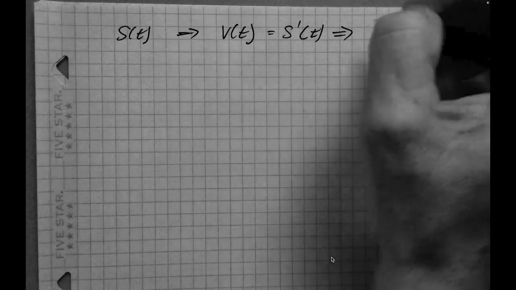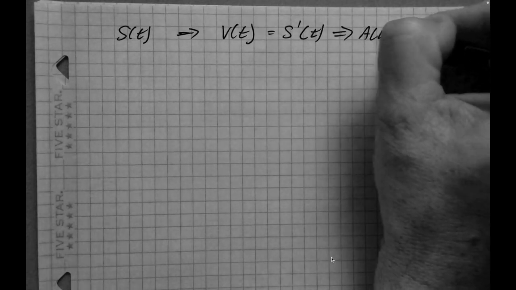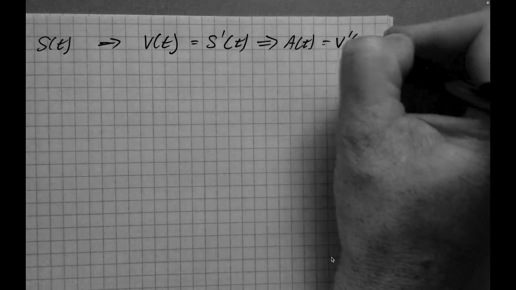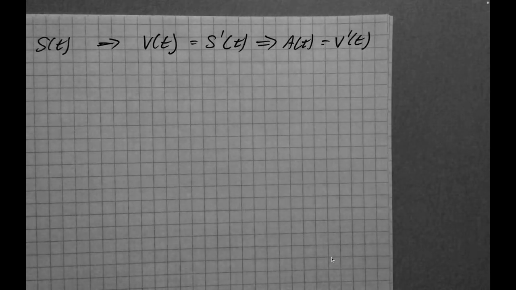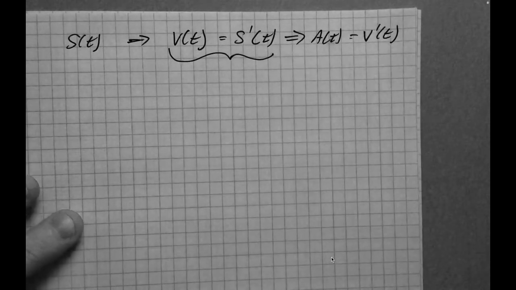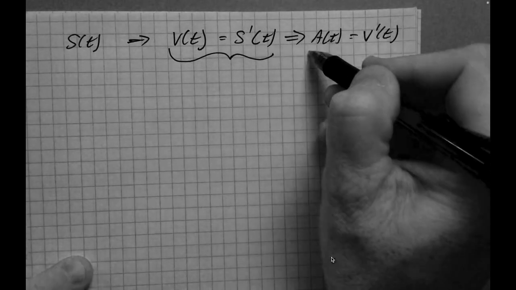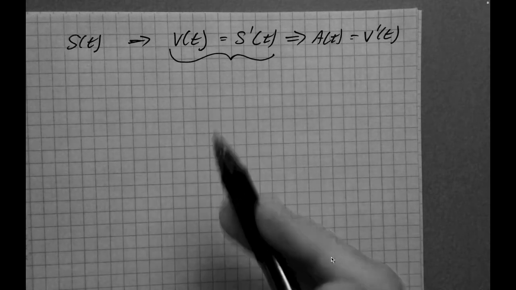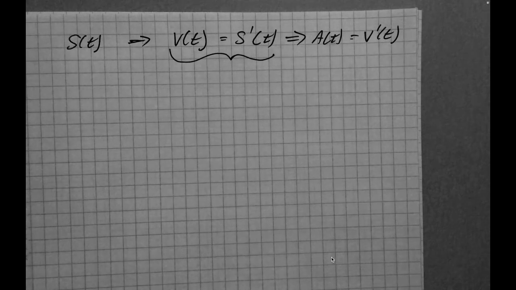And then what you'll find is that something called the acceleration, a of t, is equal to the derivative of velocity. Hopefully this is intuitive. The velocity is just the change in position with respect to time. The difference between my starting point and my ending point relative to time tells you how fast I got there.